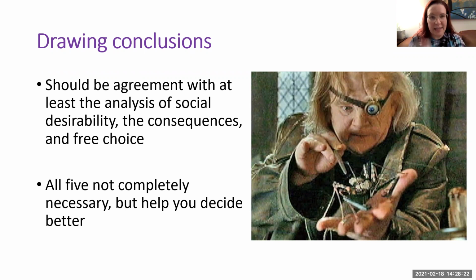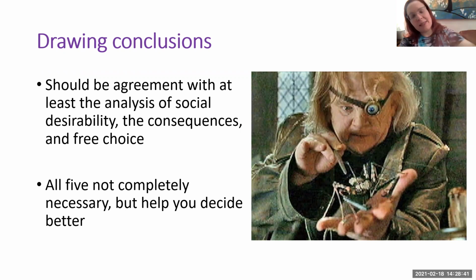So when we're thinking about drawing conclusions about whether somebody's behavior is driven by them or not, remember the Harry Potter books where people were doing bad things and not knowing if they were under Voldemort's spell or not.